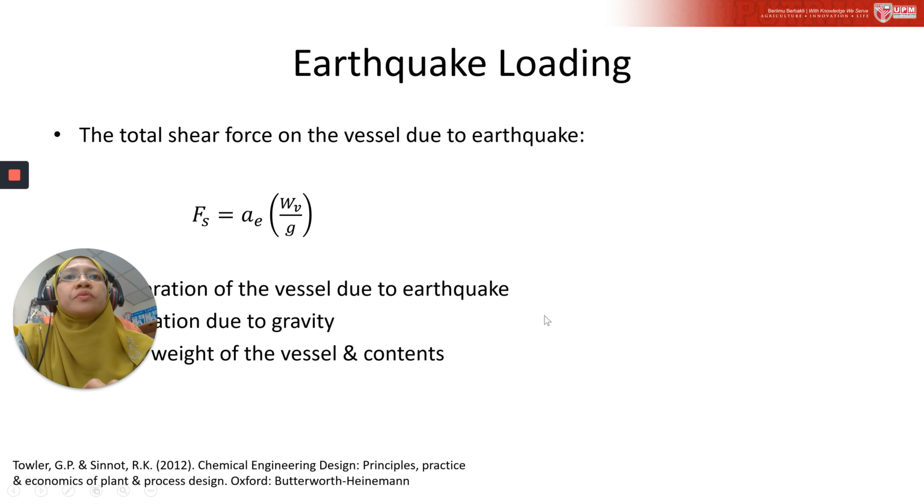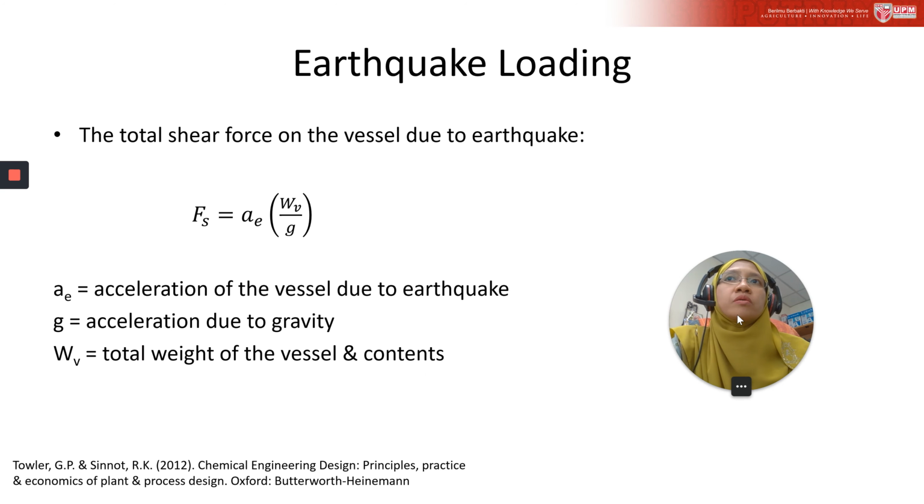Earthquake loading. Now we move to the next topic, on earthquake loading. We know that an earthquake can cause a movement of the Earth's plates, the Earth's surface. When this happens, it produces horizontal shear stress on tall vessels, especially tall self-supported vessels, and the magnitude will increase from the base outwards.